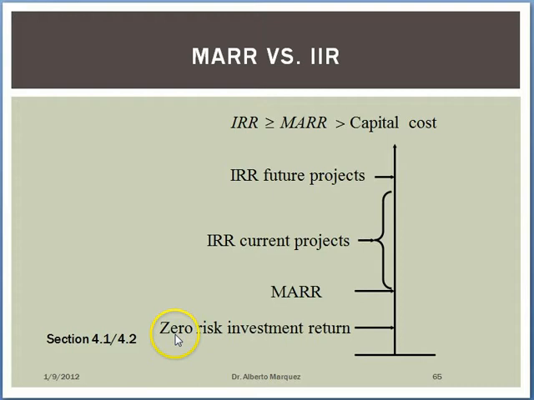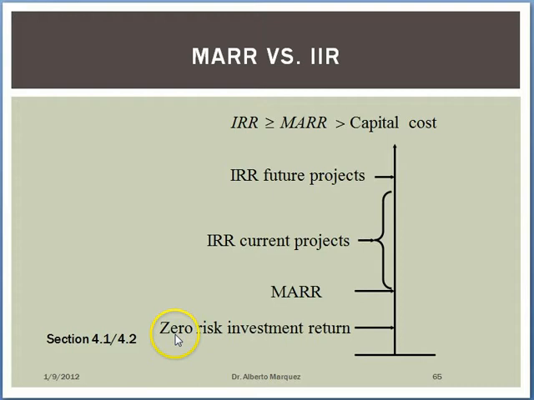A project with no risk would be the minimum that you would accept, because typically any engineering project or any entrepreneurial activity will involve some kind of risk, and therefore the larger the risk, the larger the return you would expect.